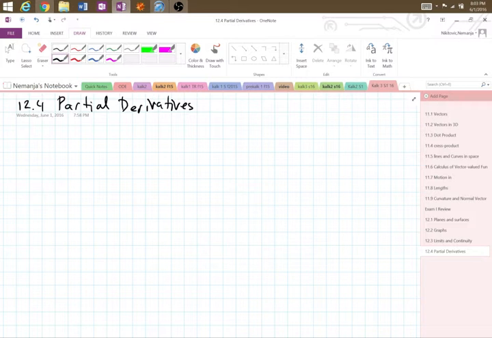Now, since this saddle point has the 0, 0, 0 right here at the saddle point, that's where the man actually is. There's the x and y axis going through that point, and we are able to find the derivatives in those directions.